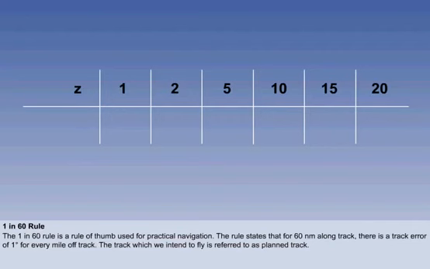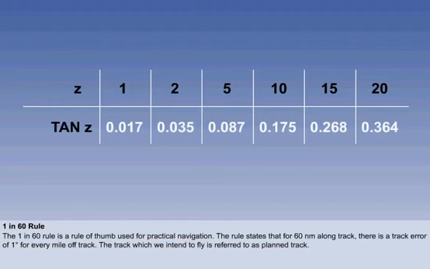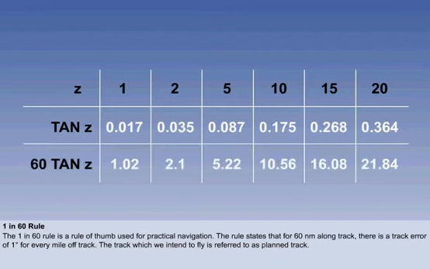The geometry of it is quite simple. The rule of tangents explains why it works. The tangent of an angle is the relationship of the opposite side divided by the adjacent side. The table on screen illustrates some examples from 1 degree to 20 degrees. The actual tangents appear to be meaningless, until, that is, we multiply them by 60.